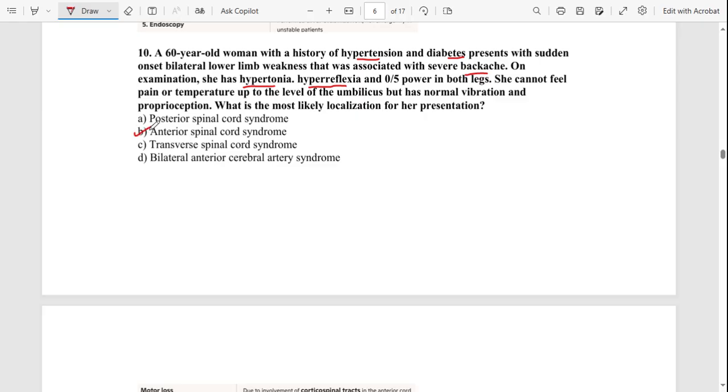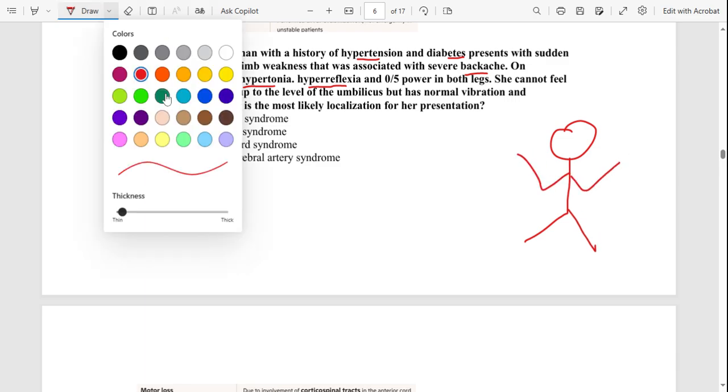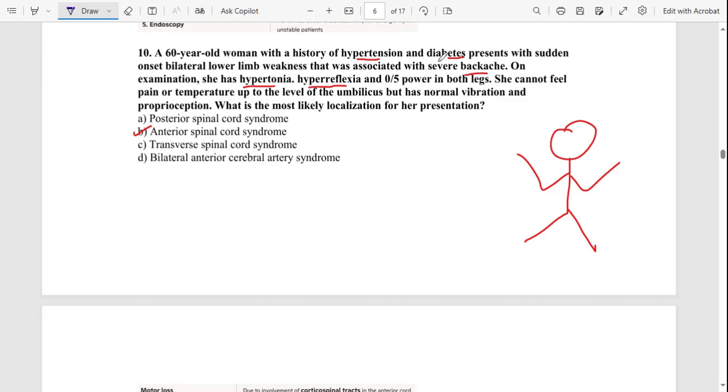Okay, so this is like the anterior spinal cord syndrome, isn't it? Let's analyze the question here. For this patient, what has happened is that he comes with bilateral lower limb weakness, both of them, associated with severe back pain, and then there's hypertonia and hyperreflexia.